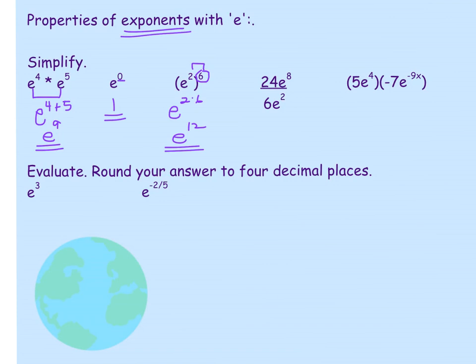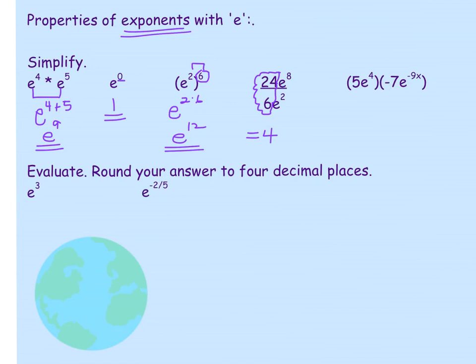The last two involve coefficients, and I know we've done a lot of work with those, and they've been kind of tricky. I want to give you as many examples as possible to use as a resource when you work independently. In the next example, we have a fraction, 24e to the 8th divided by 6e squared. If we have 24 over 6, we're just going to simplify that part of the fraction without worrying about exponent rules at all. 24 divided by 6 is just 4.